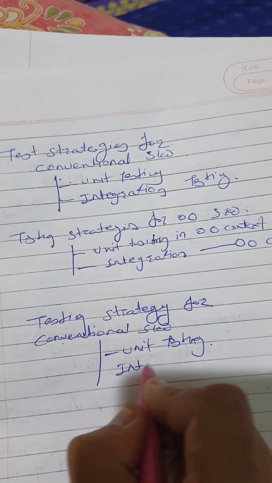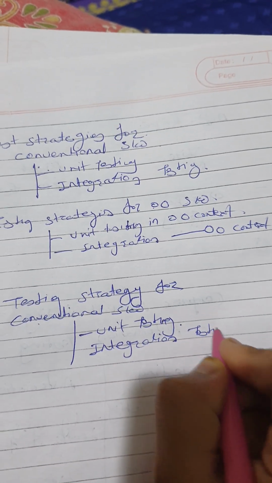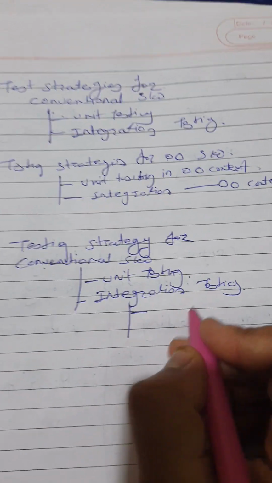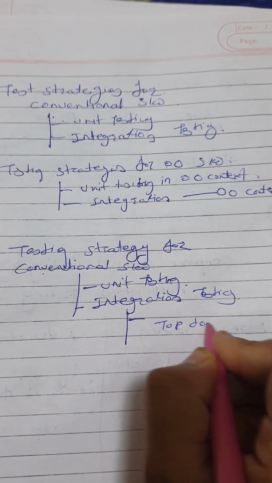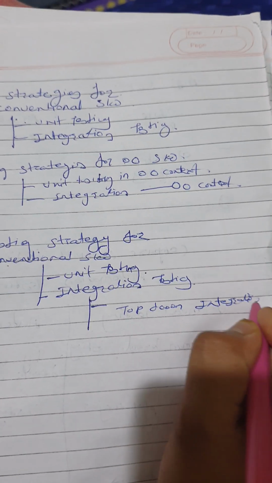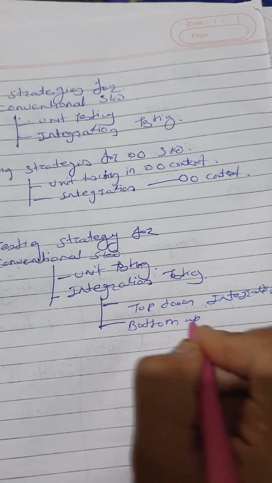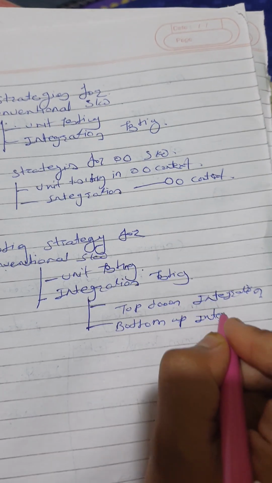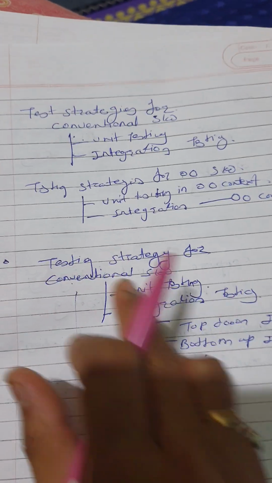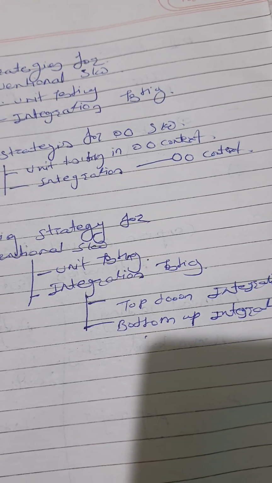The second one is integration testing. Integration testing is categorized into two parts, top down integration and bottom up integration. These all come under testing strategy for conventional software.